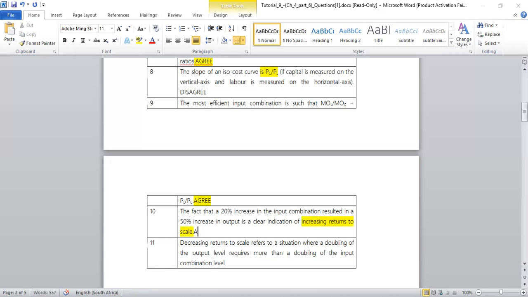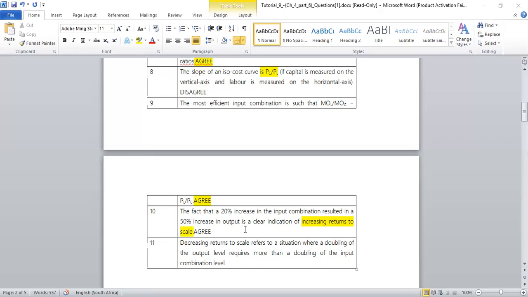Agree. Let's say we're investing maybe 20% of our input and we yield 20% of output. So in this case, we have a constant return to scale because our input is equal to output.